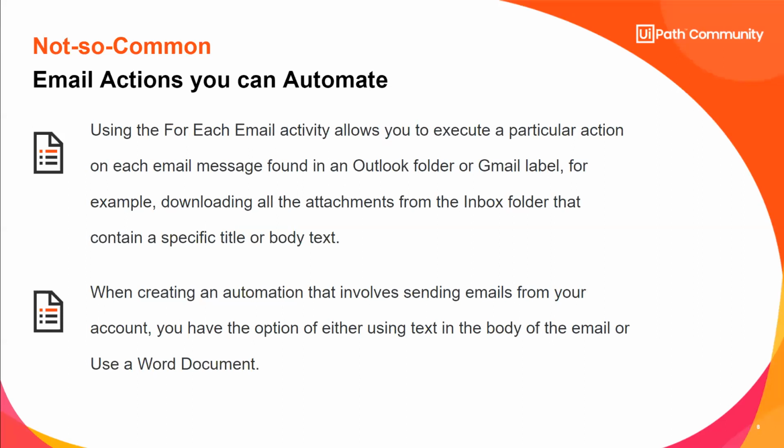For that kind of situation, you can use the for each email activity to execute those set of actions for each individual mail in that folder or in that account. Then apart from that, we could also use data from Excel or from a Word file in creating the email body to send as an email message. And that is going to be one of the exercises we're going to be demonstrating in this session today.